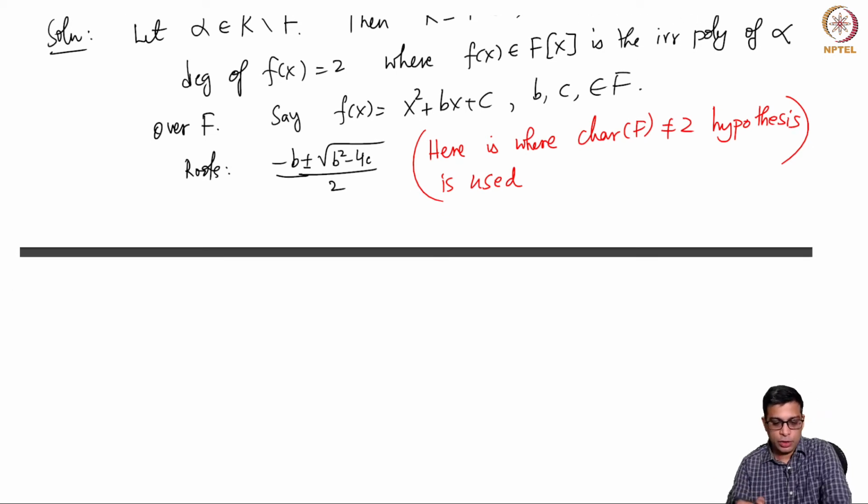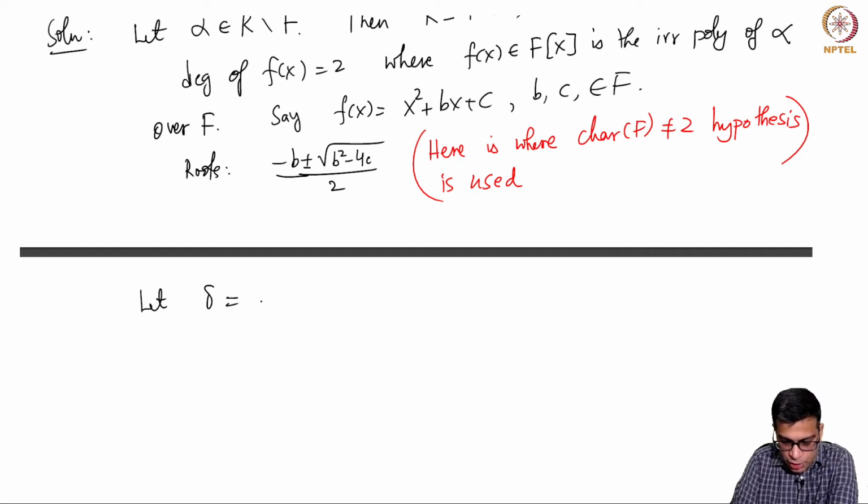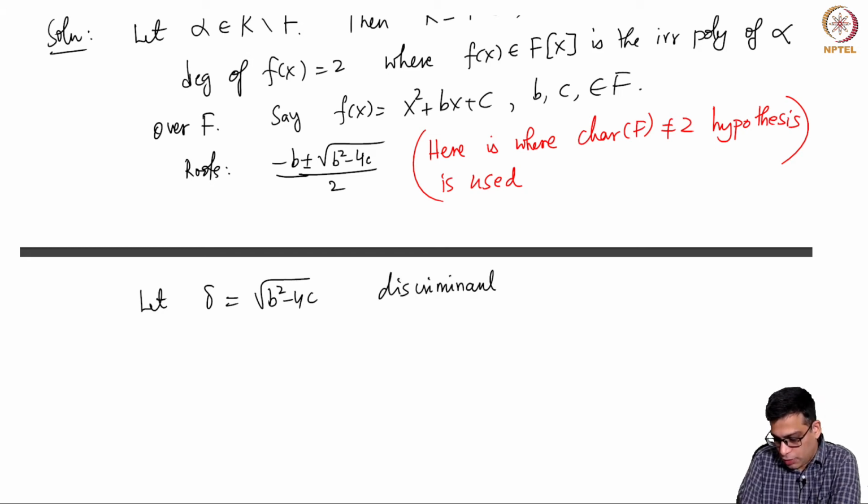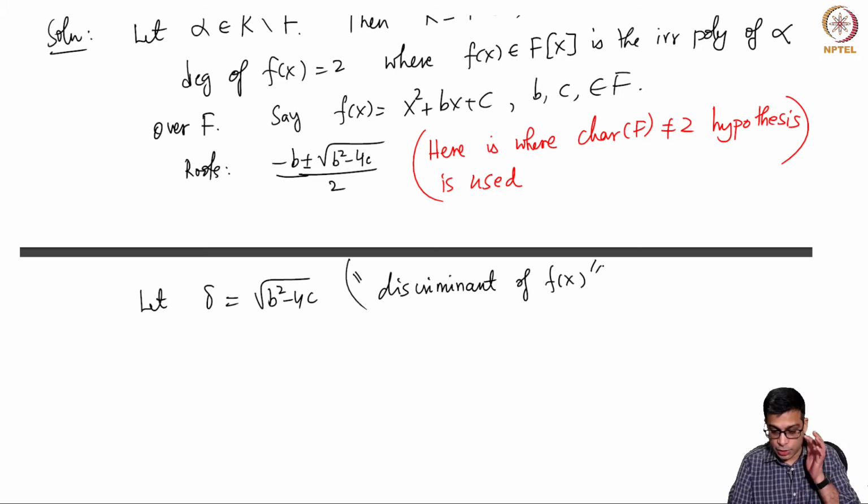Okay, now let's take delta to be the square root of b square minus 4c. This is called the discriminant, if you are familiar with this terminology, but that's irrelevant. So let's take this delta to be this.